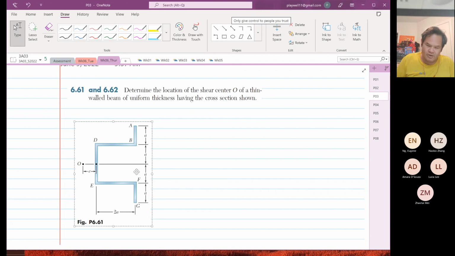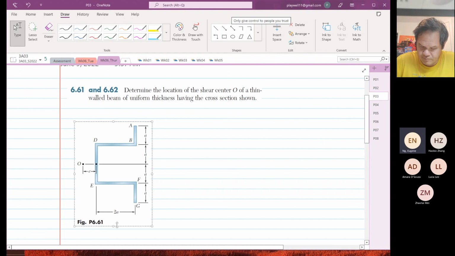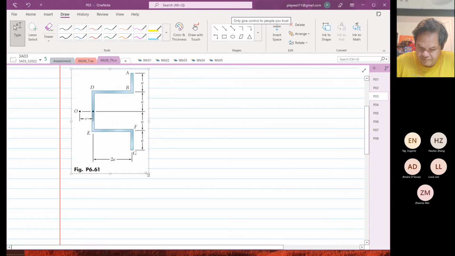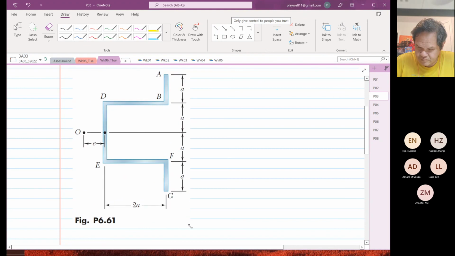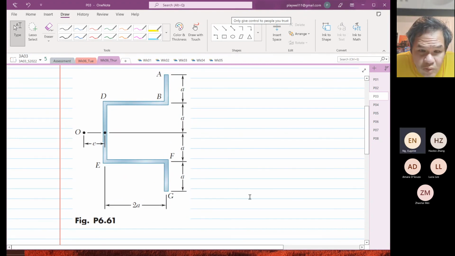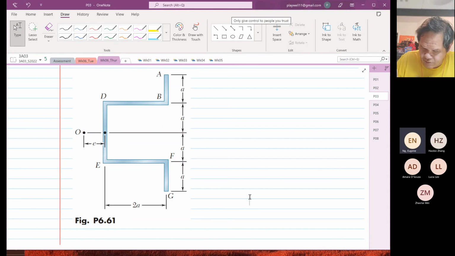Before we go on, I want you to observe this diagram. I'm going to expand it. I want you to see something. Pay attention to how the dimensioning is done.